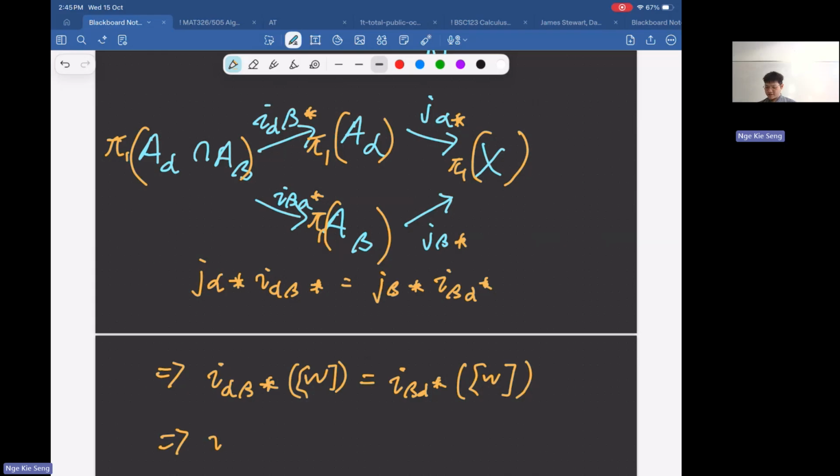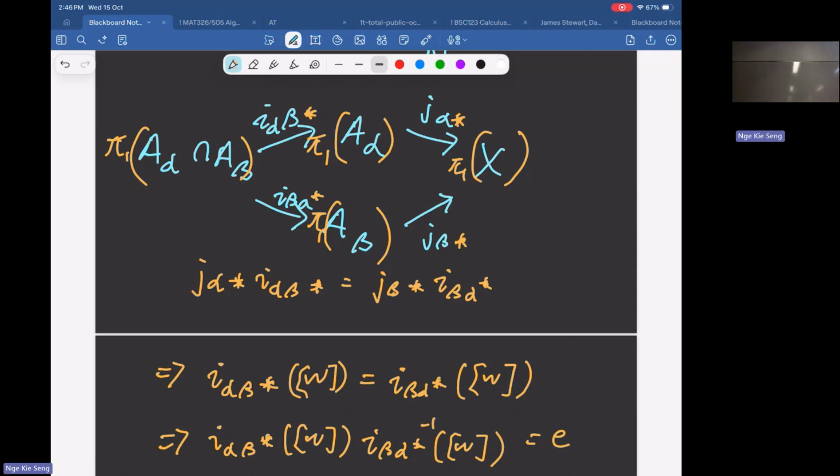If you rearrange, this is exactly the kernel element, taking the inverse. So naturally these things live inside the kernel. But the problem is, is this the only thing? This part will constitute the rest of the proof.